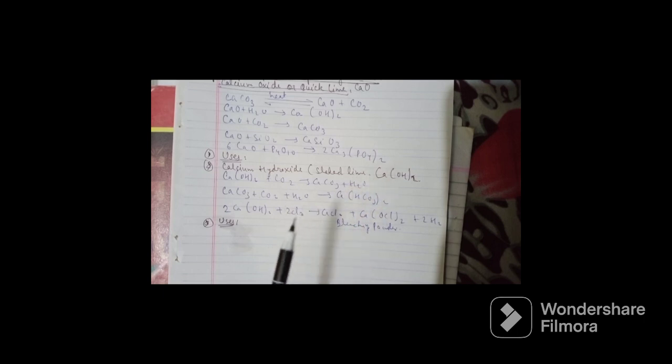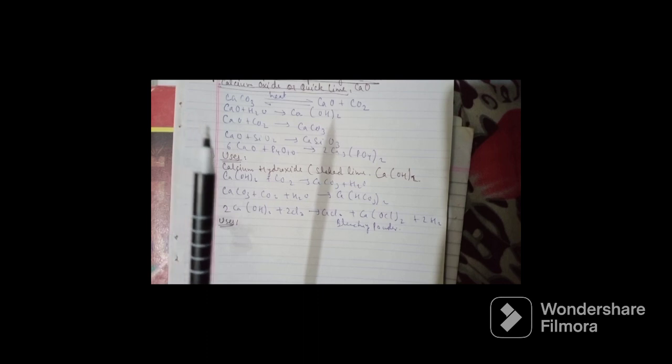It is used in whitewash due to its disinfectant nature. It is used in glass making, in the tanning industry, for the preparation of bleaching powder, and for purification of sugar. Now let's discuss another one, calcium carbonate, CaCO3.